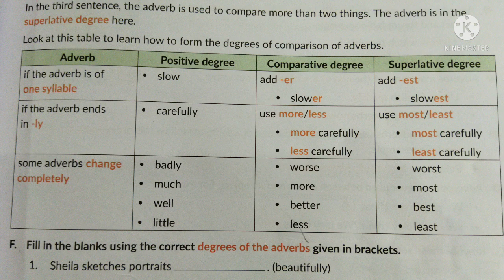We have to use more or less in the comparative form. So it becomes more carefully, or less carefully. In the superlative degree, we have to use most or least. So we can say most carefully, and with the word least, it becomes least carefully.